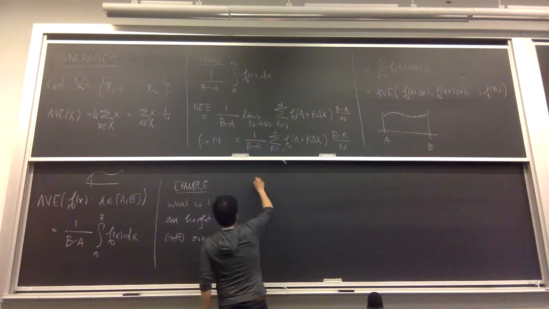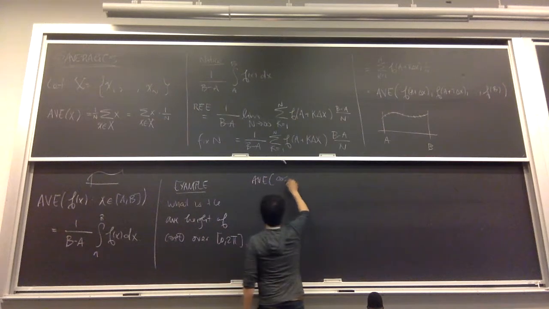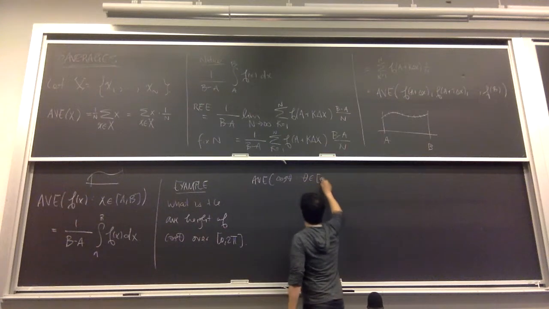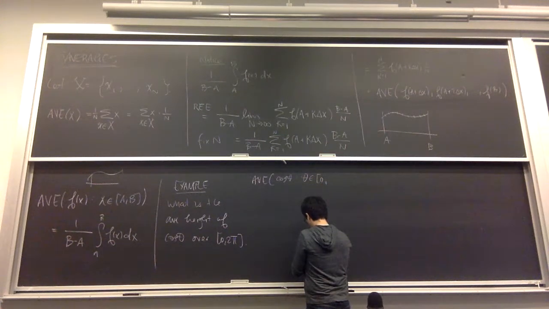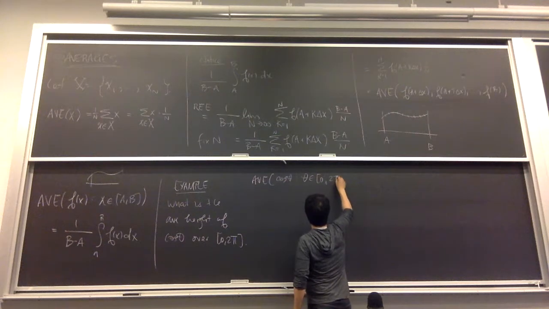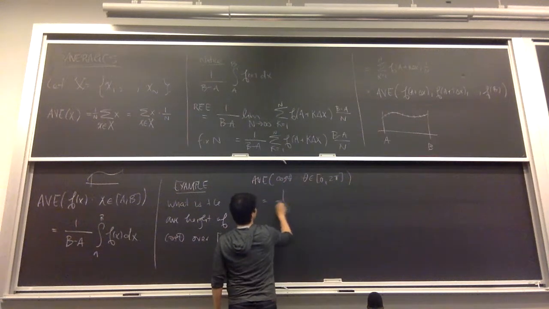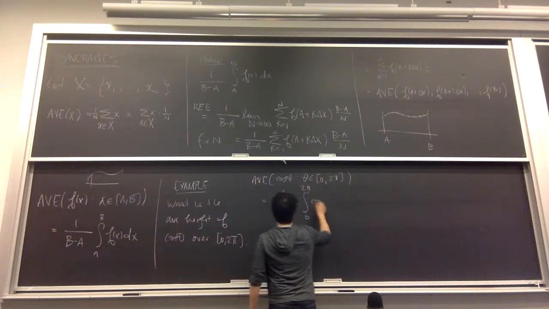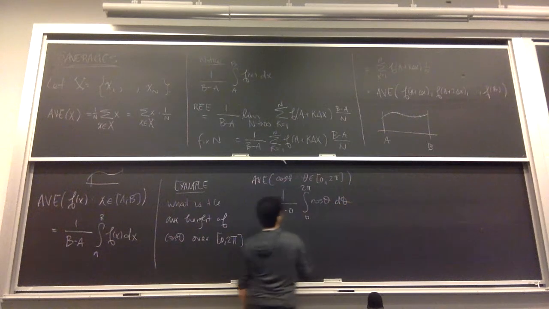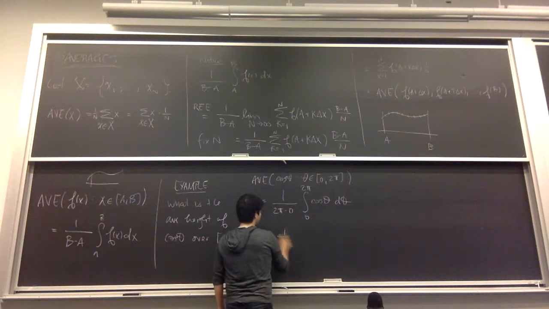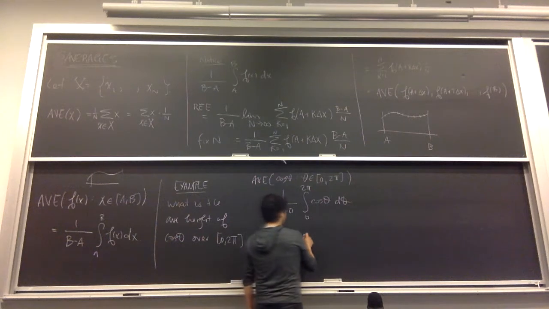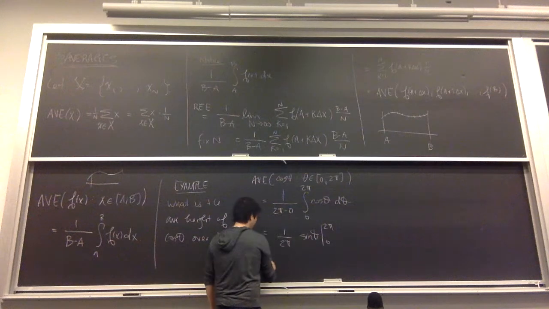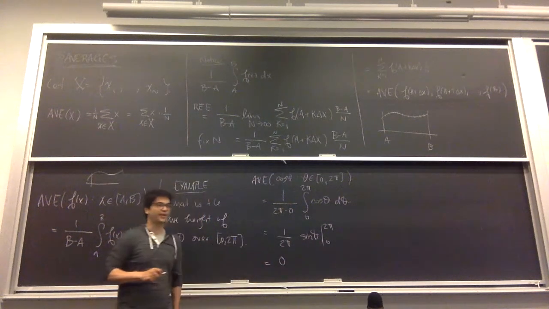So the average of cos theta for theta in 0 to 2 pi is going to be equal to 1 over 2 pi minus 0 times the integral from 0 to 2 pi of cos theta d theta. It's going to be equal to 1 over 2 pi times sine theta from 0 to 2 pi. Both of those evaluation points are 0, so this ends up being 0, as you predicted.